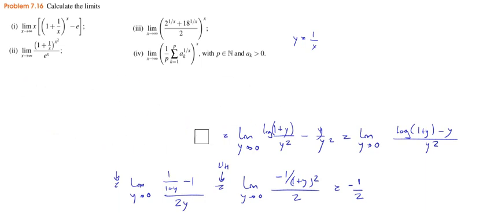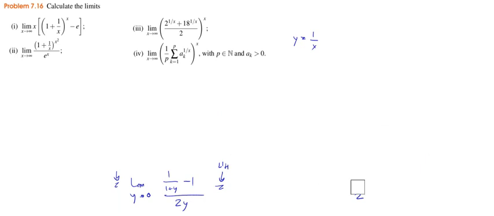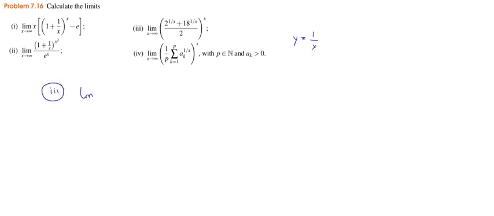Okay, let's do part 3. This is the limit when x goes to infinity of 2 to the 1 over x plus 18 to the 1 over x, divided by 2, to the x.